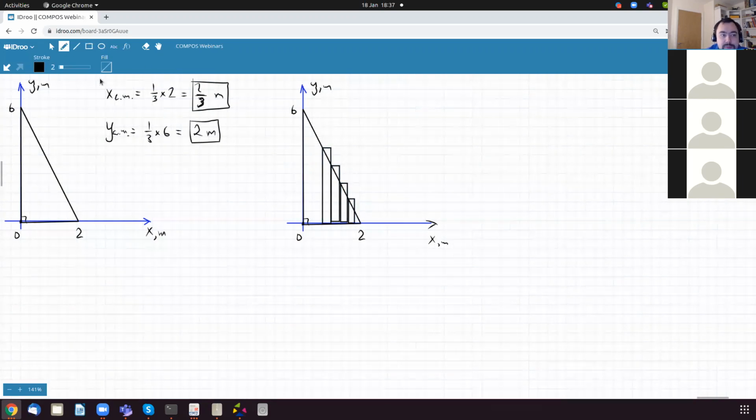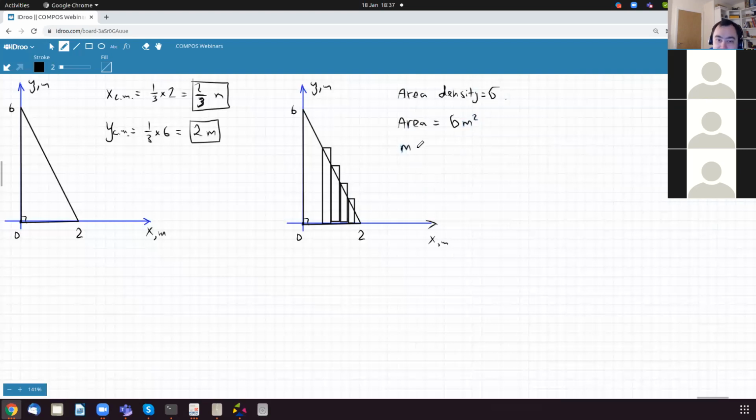We assume that the area density is sigma. So the area of the triangle is 6 times 2, 12, divided by 2, so 6 square meters.